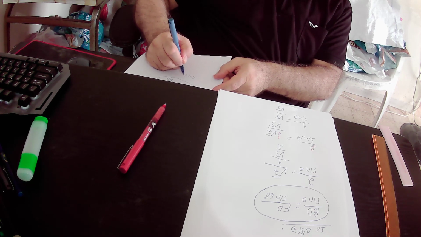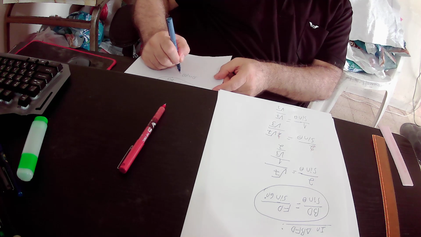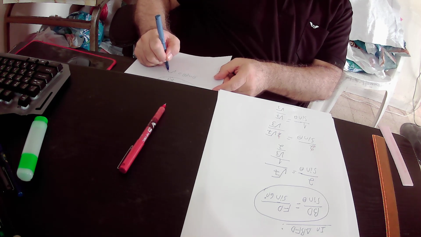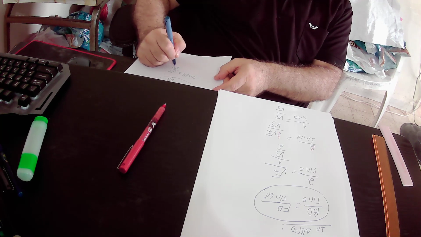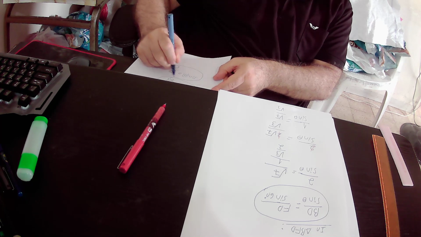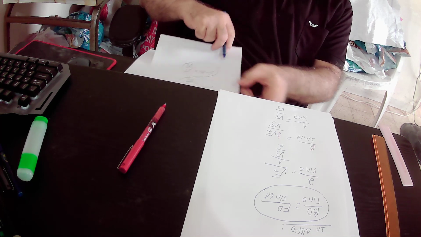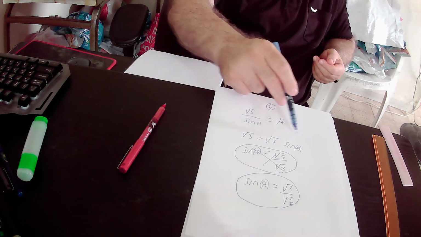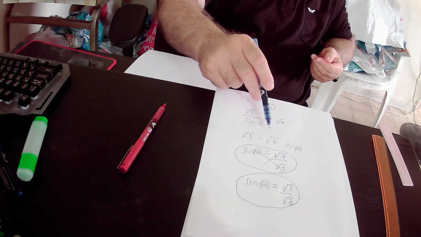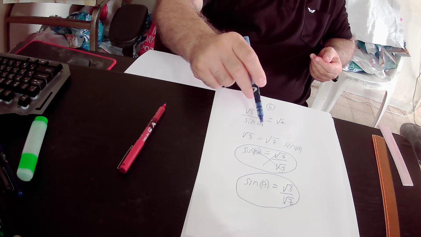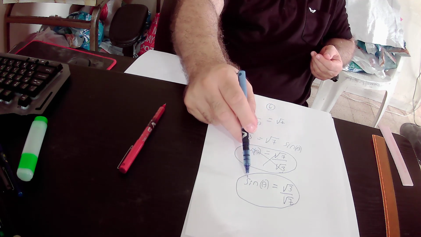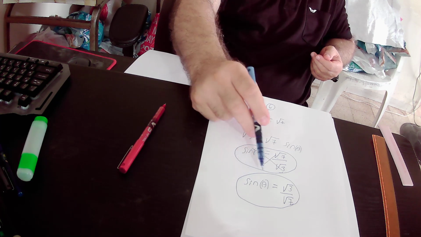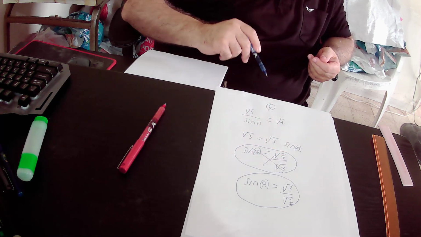So sinus theta will be equal to the root of 3 over root of 7.